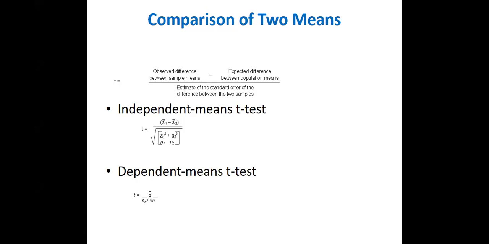So the values 65, 60 are observed values, and the difference between them is the observed difference. So the difference now is the systematic variation, the variation due to the fact that you are trying to compare male and female. But there is what we call inherent variation.